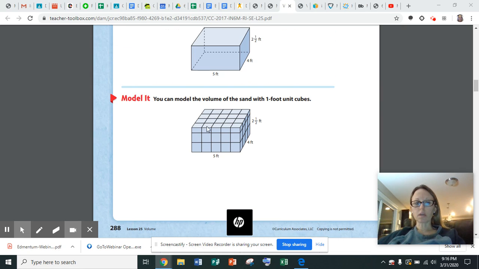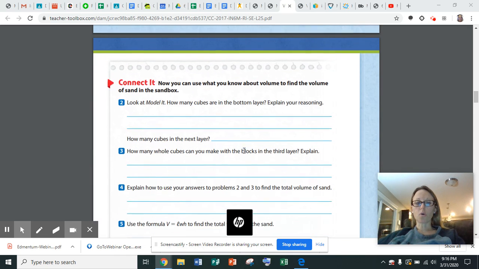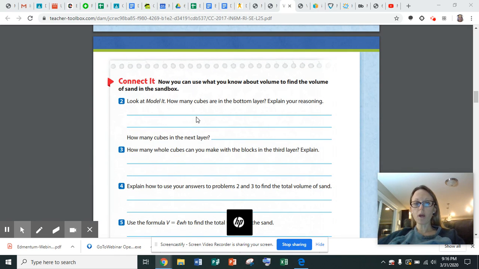If you look, the bottom layer is the same as the top layer, but you know that it's 1, 2, 3, 4, 5 across and 1, 2, 3, 4 deep. So 5 times 4 is 20, but you could also count the boxes up here and see that it's 20. So it's 4 rows of 5 cubes. So here it would be 20.